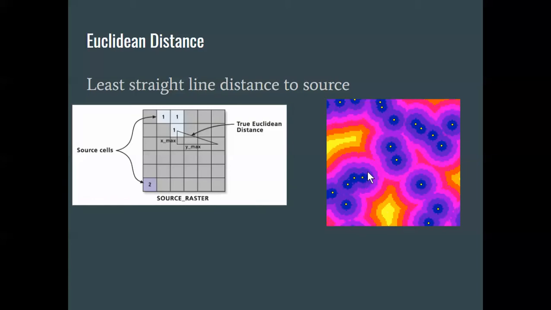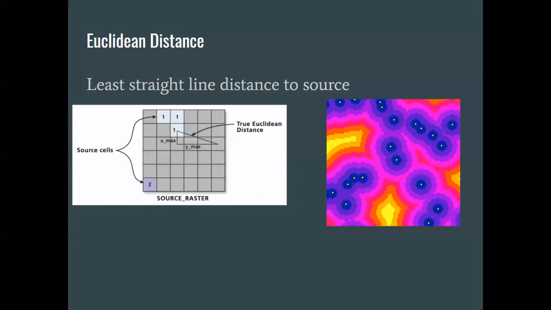And so for any pixel, for this pixel, for example, we calculate its straight line distance, center of pixel to center of pixel, based on the change in x and the change in y, that is our legs, and we can then calculate the hypotenuse. That is what is assigned to each pixel.